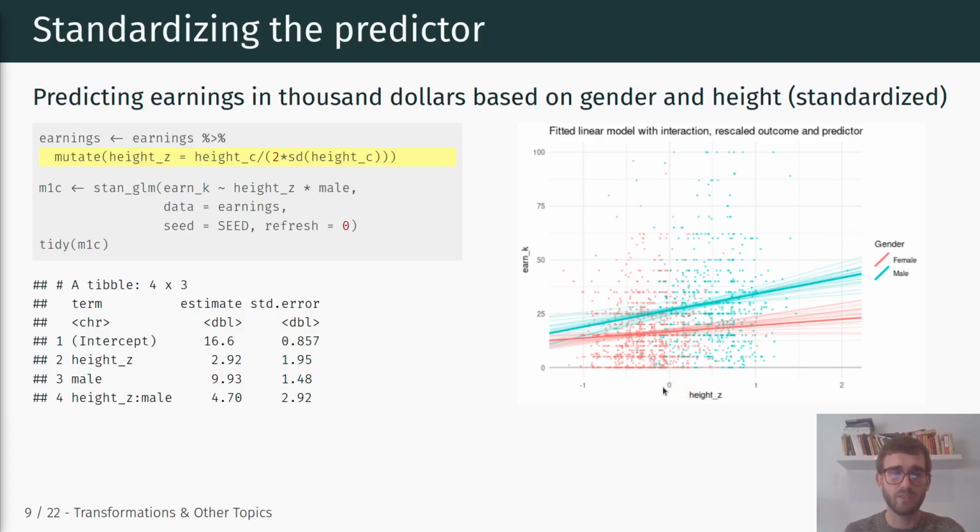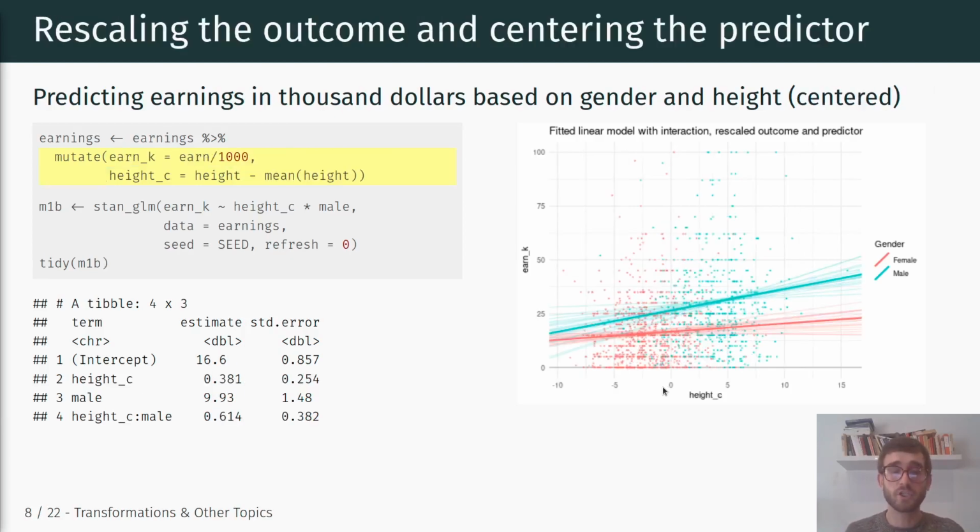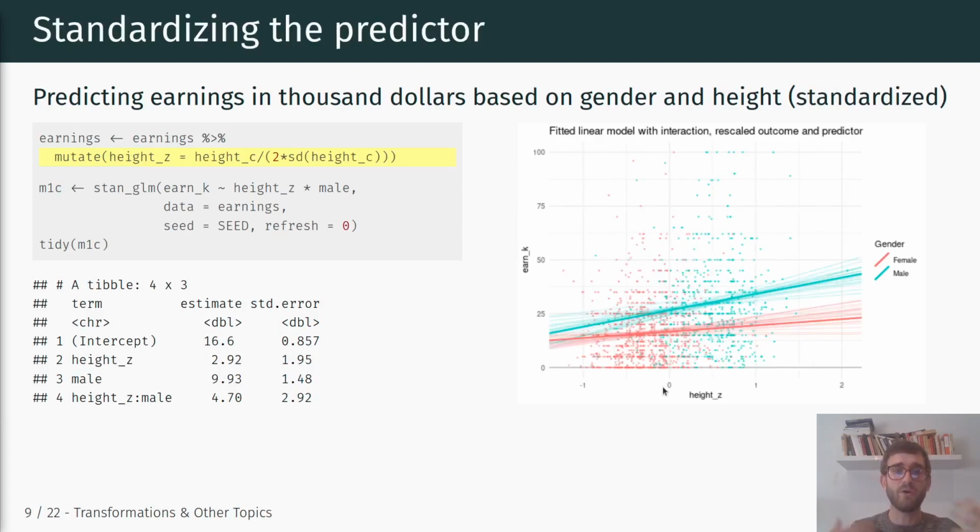We're just, rather than looking at a 1 unit change as a 1 inch change in height, looking now at a 1 unit change that is basically a change from -1 standard deviation in height to +1 standard deviation in height from the average.